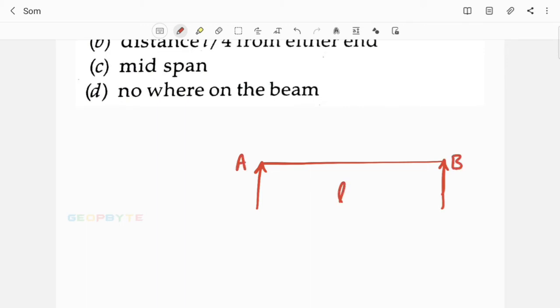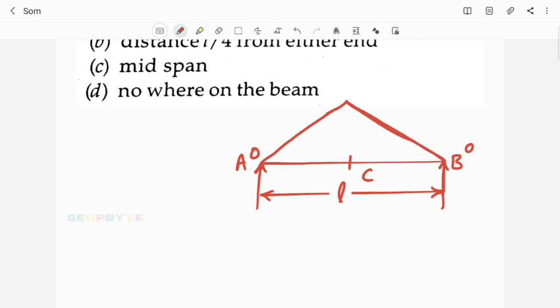The distance, the span, here the distance between the two supports is L. The load is 0 at A and 0 at B, but at the midspan, let C be the midspan, the load is W. It is varying linearly. This is the uniformly varying load. That is how the load can be represented.